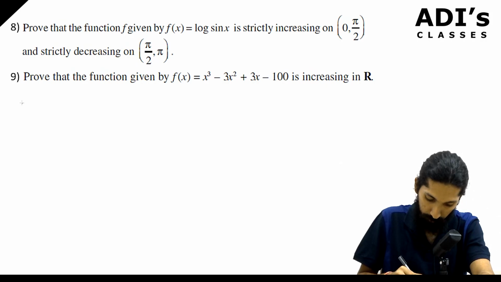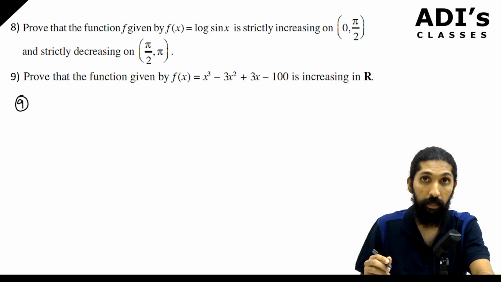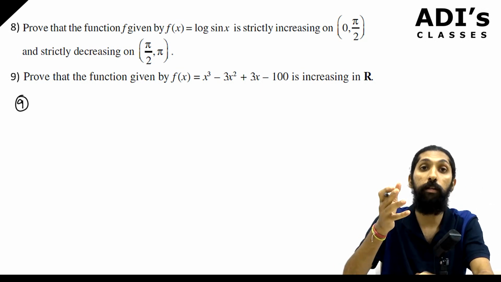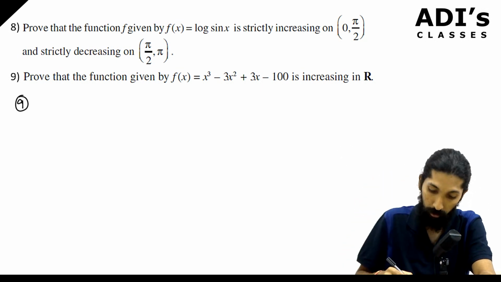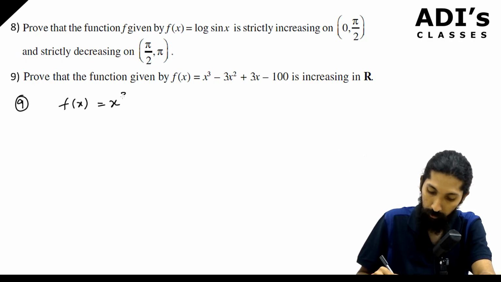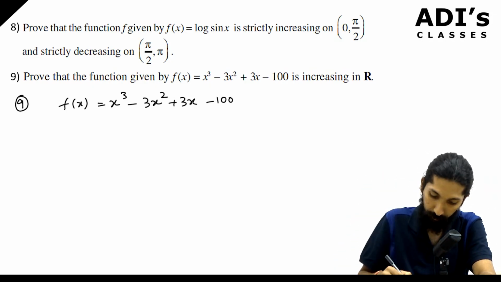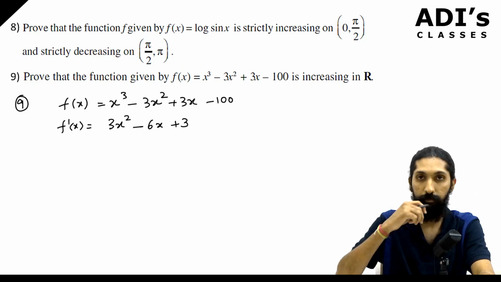See the ninth one? Prove that the function is increasing in R, right? R is what? Set of real numbers. So here f of x is x cube minus 3x square plus 3x minus 100. Differentiate. f dash of x is 3x square minus 6x plus 3.